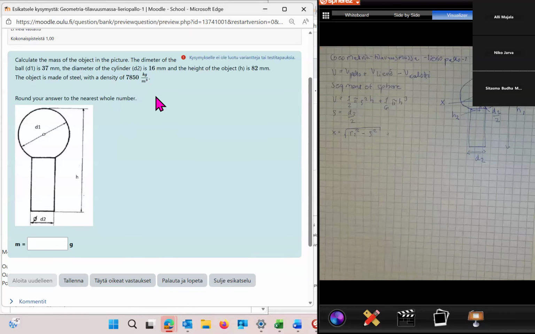And how is this done then? I have here some Finnish text because I had this earlier told in Finnish.